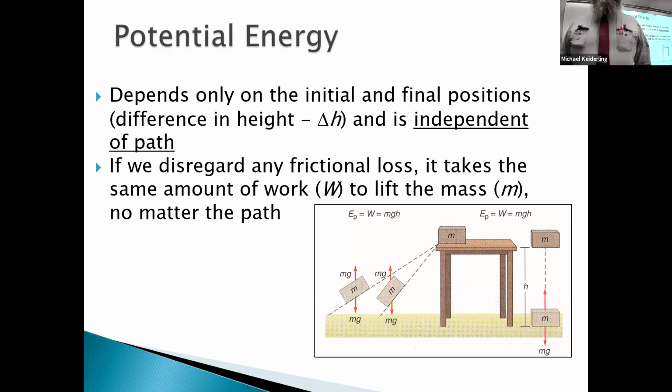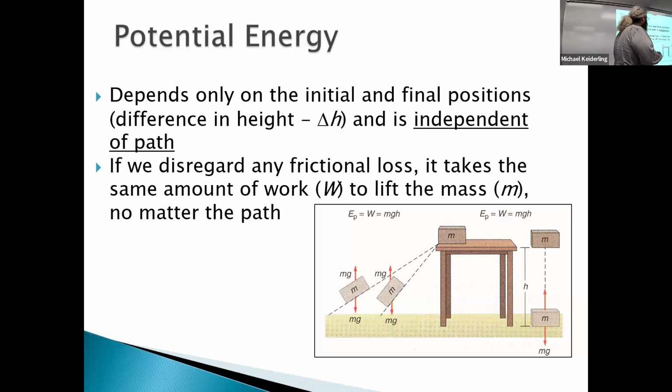So if you disregard frictional loss, it will take the same amount of work to lift this mass m, no matter what path you take. You can lift it straight up, you can lift it at an angle, and so on. It'll take the same amount of work.